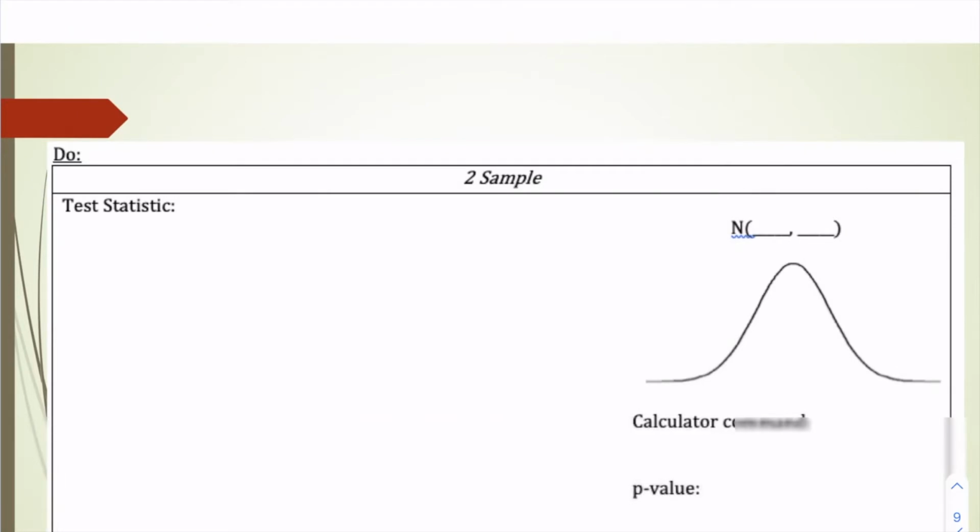Okay, so now for the do. So your test statistic.